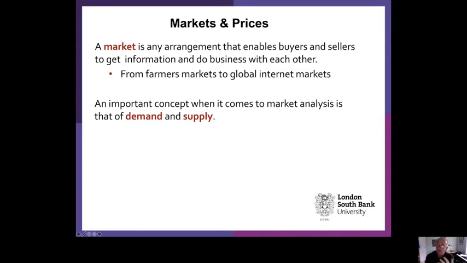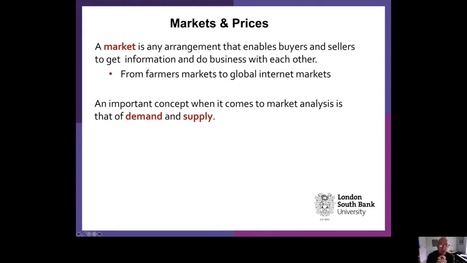But if you think about exchange rates, the buying and selling of foreign currency, let's say the dollar and the pound, that's a market, and it's not located in one place, but in many places. It's an interaction between buyers and sellers. Perhaps one could say more about what a market is, but anyway, that will do for now.